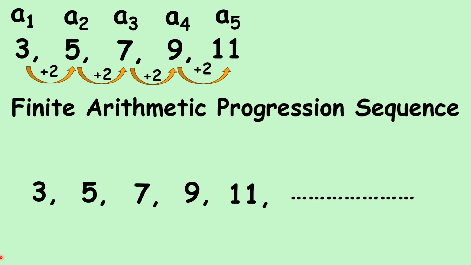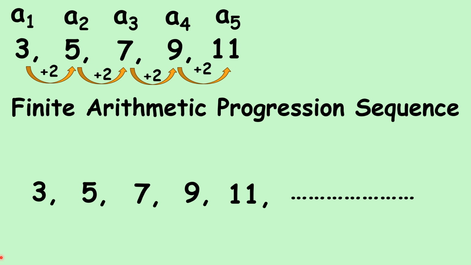Now, the moment we have dots after the 11, it tells you that it is a continuous unending sequence. It is a continuous unending sequence, and therefore it means that it becomes infinite.